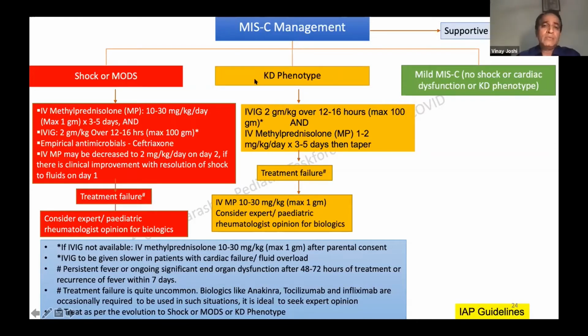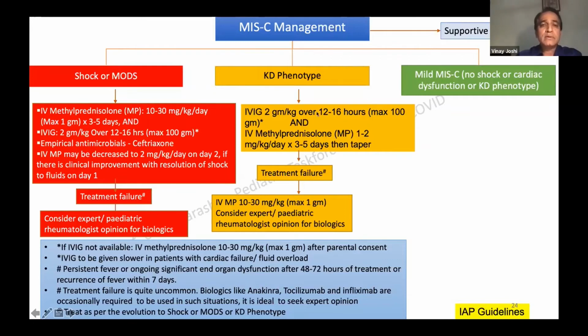Now coming to the KD phenotype. For the KD phenotype, IVIG remains the drug of choice, and we give IVIG 2 gram per kilo over 12 to 16 hours, maximum dose 100 gram, and IV methylprednisolone at the lower dose, that is 1 to 2 milligram per kilo per day for 3 to 5 days, then taper.